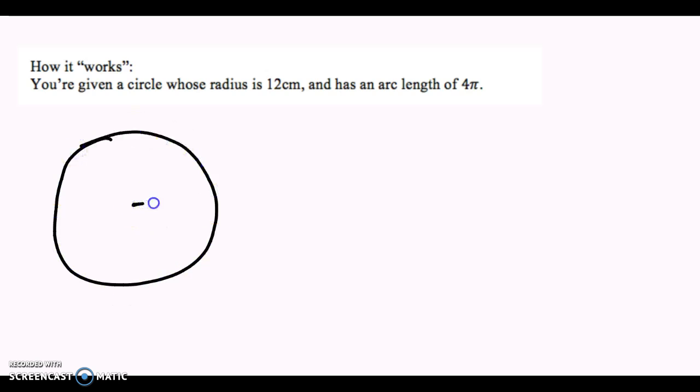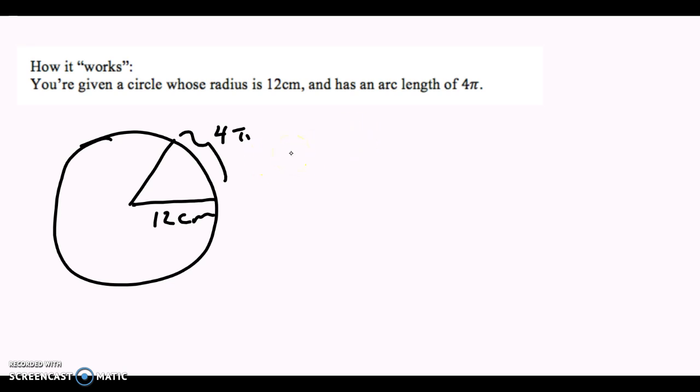How it works. Let's say you're given a circle whose radius is 12 centimeters, and I'll draw a picture here. The radius is 12 centimeters, and we'll say the arc length here is 4 pi. Now, I want to know what a radian is.